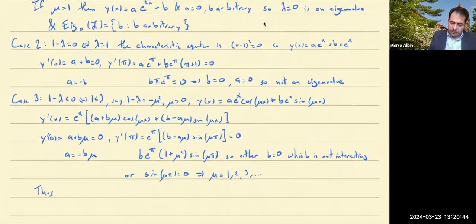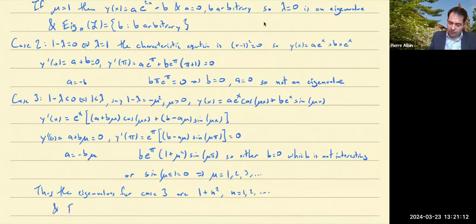Thus, the eigenvalues for case 3 are the lambdas corresponding to these mu's. Lambda is equal to 1 plus mu squared, so the eigenvalues are 1 plus n squared, where n is 1, 2, and so on.